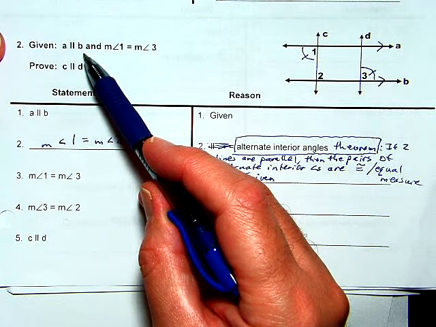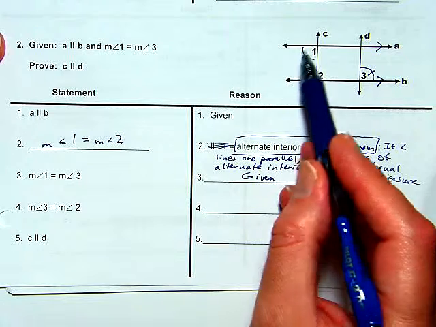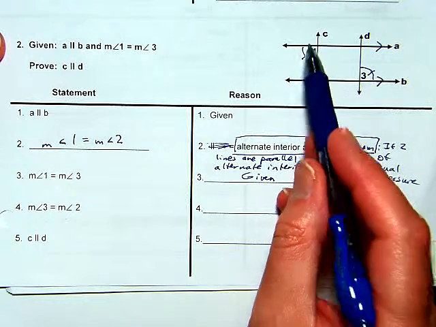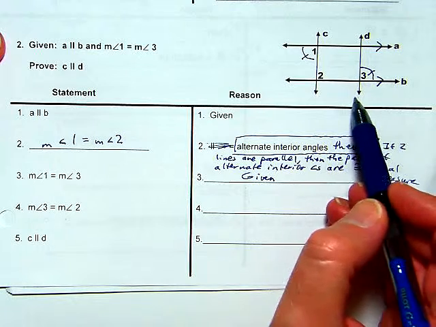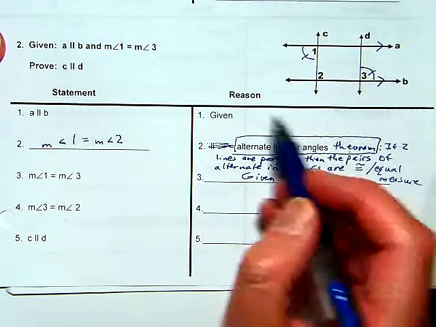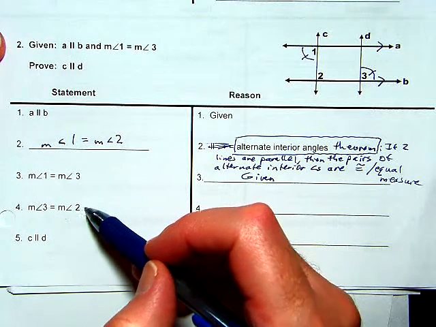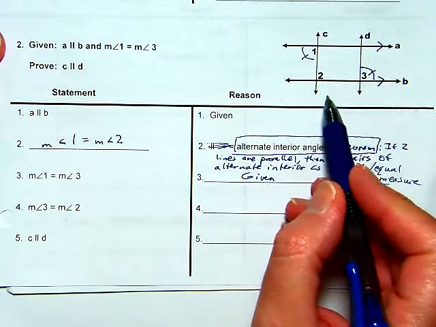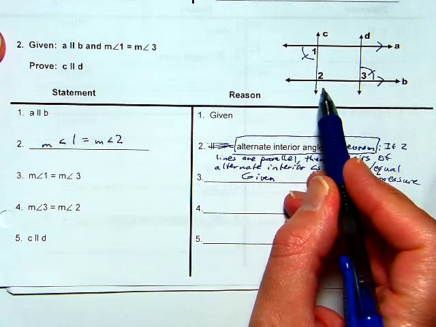Okay, so the only corresponding angles we could use are the ones that are formed by A and B intersecting a transversal. Okay, not B intersecting C and D. It's very important that you realize that. So we cannot conclude that the measure of angle 3 equals the measure of angle 2 from the diagram, because we would have to have been given that lines C and D are parallel.